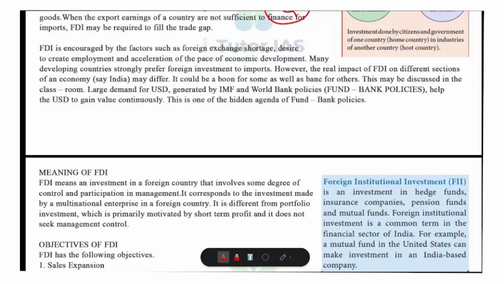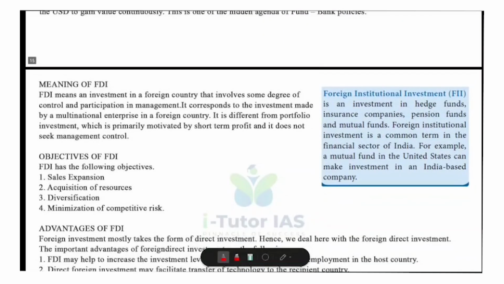Okay. Now, meaning of FDI. FDI is an investment made by company or individual from one country into another business or industry in another country with a significant degree of control and participation in management, as we have already told. And we should remember some key terms here. There is control and management in FDI.